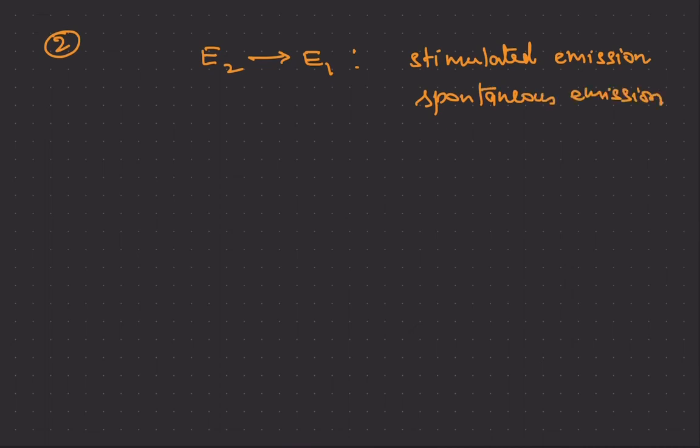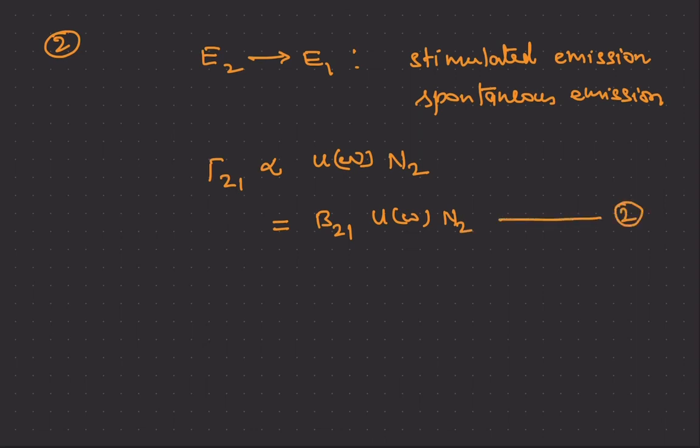In the case of stimulated emission, the radiation which is incident on the atom stimulates it to emit radiation, and the rate of transition to the lower energy level per unit volume is given by gamma 21, which is proportional to U(omega) N2, and which is equal to B21 U(omega) N2. And let us consider this as equation number 2.